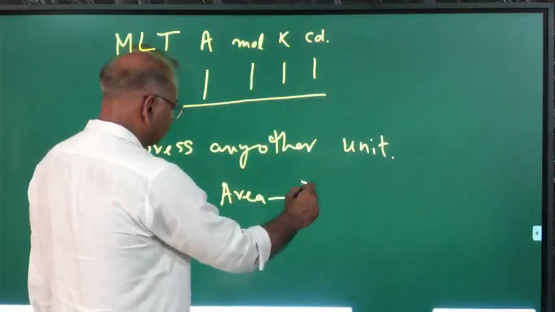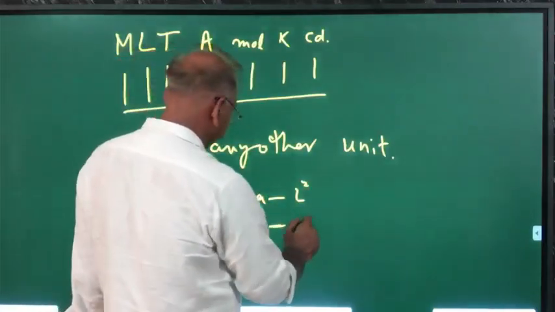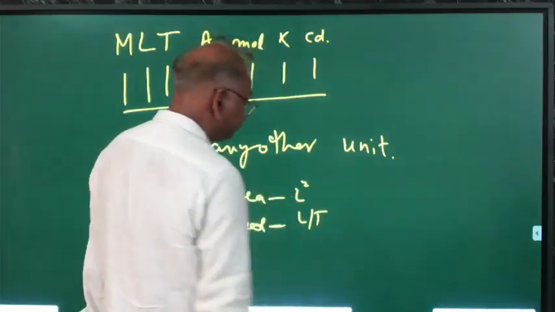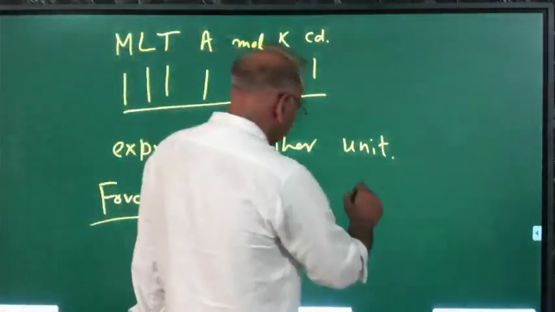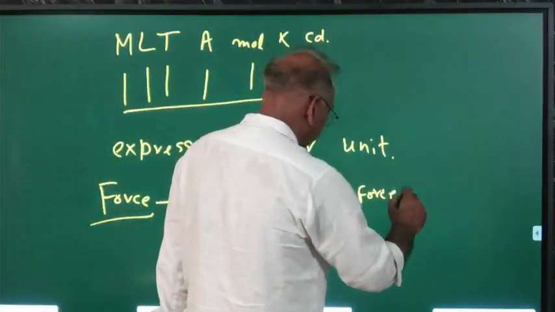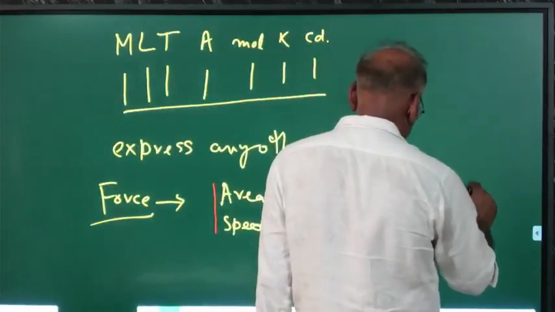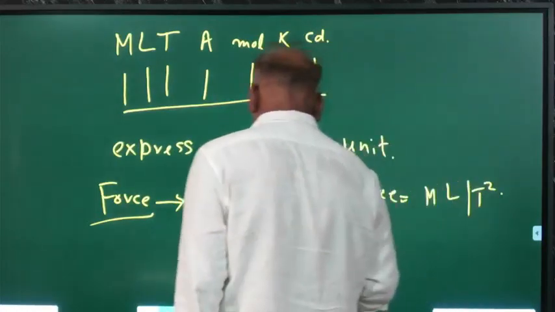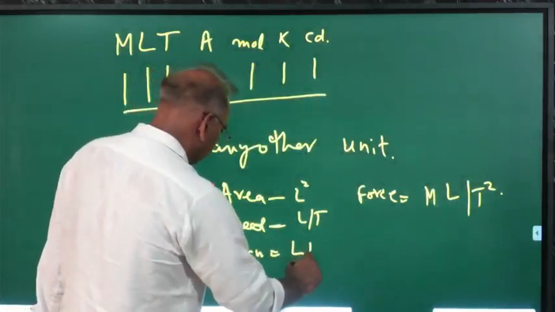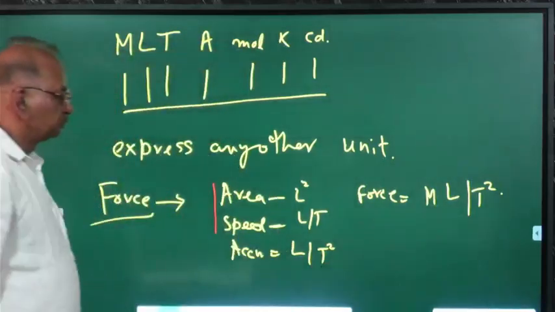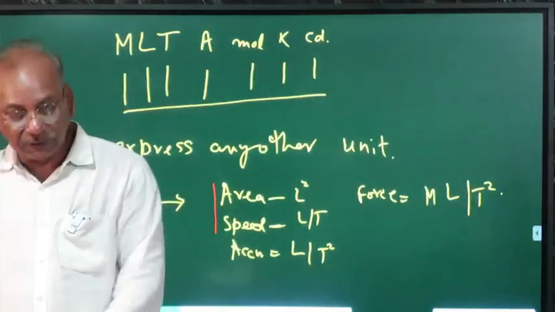Area is length square, and speed is length upon time. In the same manner, force is mass into acceleration, mass into LT to the power minus 2. Like speed, acceleration has L upon T square.